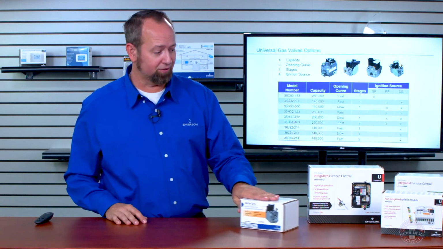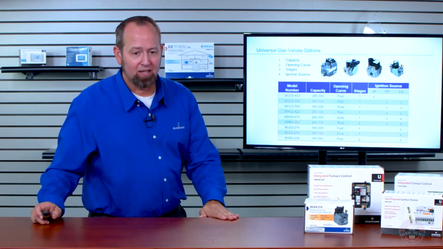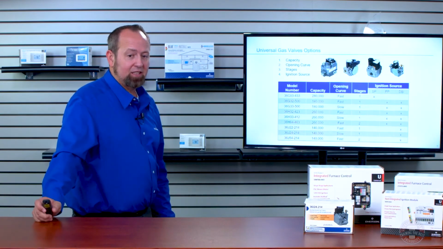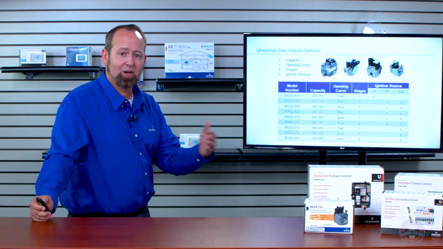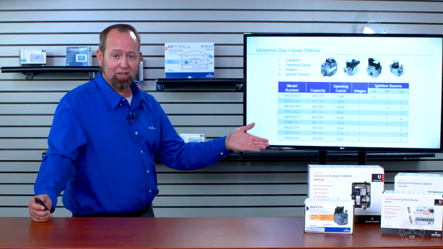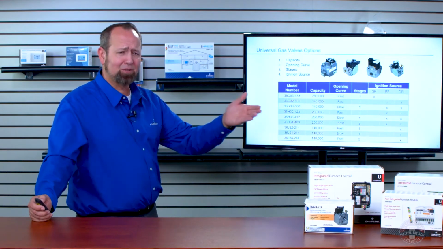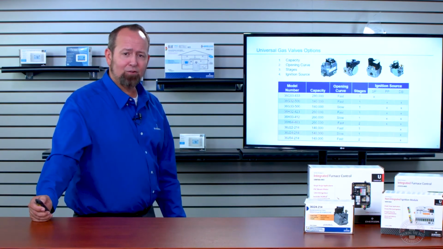Slow opening valves are still made. They're still out there. The 36J series are the series that I discussed at the beginning of the presentation, where there's 6 valves that cover the majority of the applications. I believe 80% of the applications that are out there right now can be covered by those.